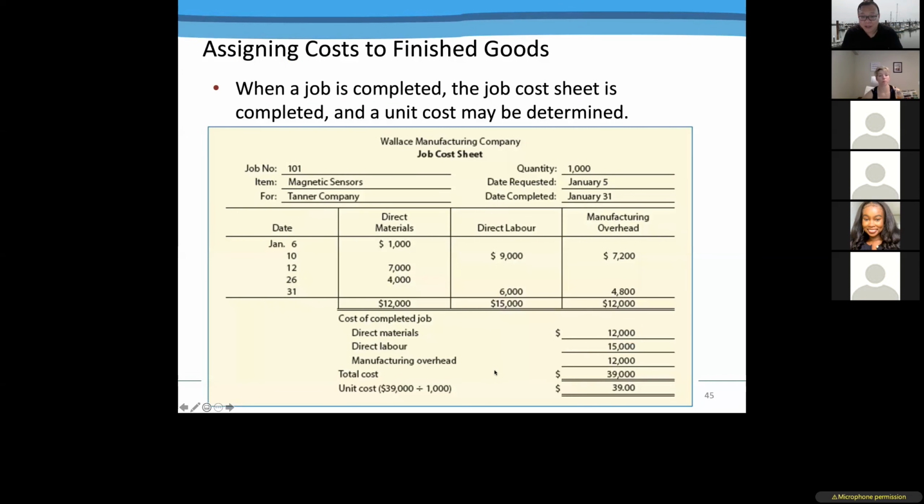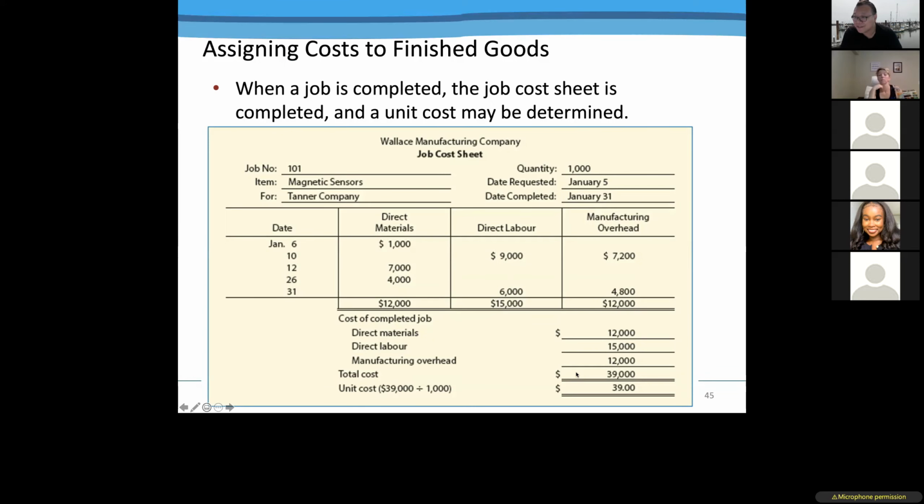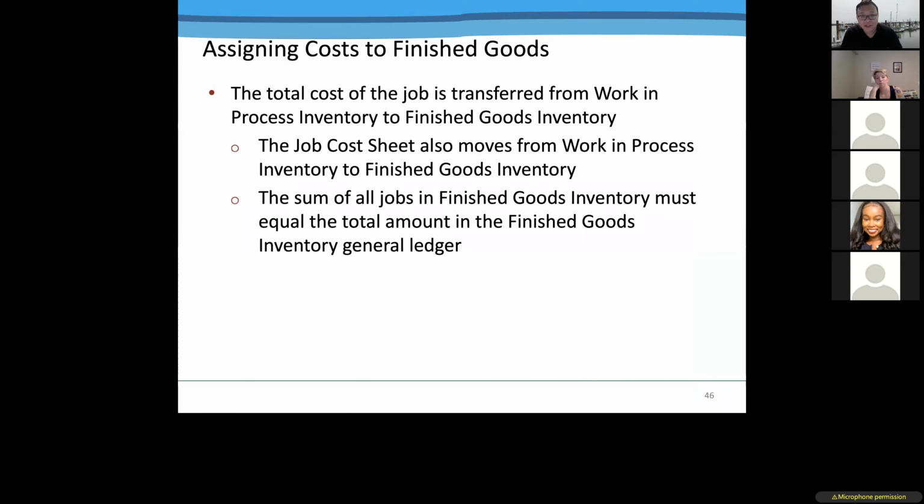This total cost will be removed from the work in process inventory and go to the finished goods inventory, because the work is done, it's finished.